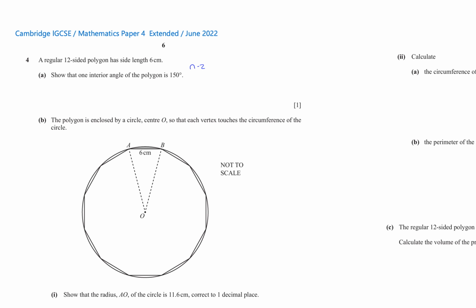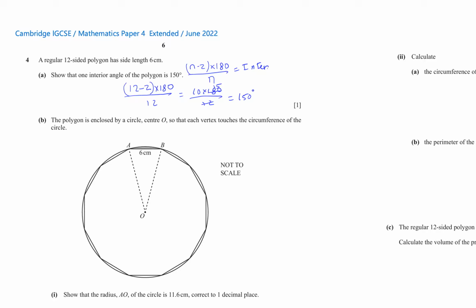So I can work out (n minus 2) times 180 over n. That's the interior angle. Here n is 12, so 12 minus 2 times 180 over 12, that is 10 times 180 over 12, so 12 times 15 is 180, so I get 150 degrees as the interior angle.